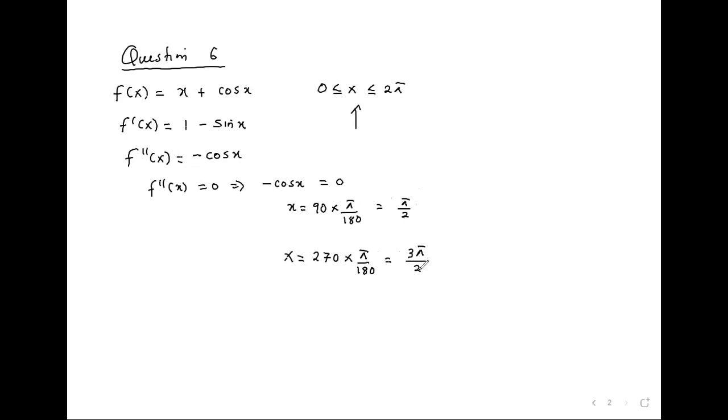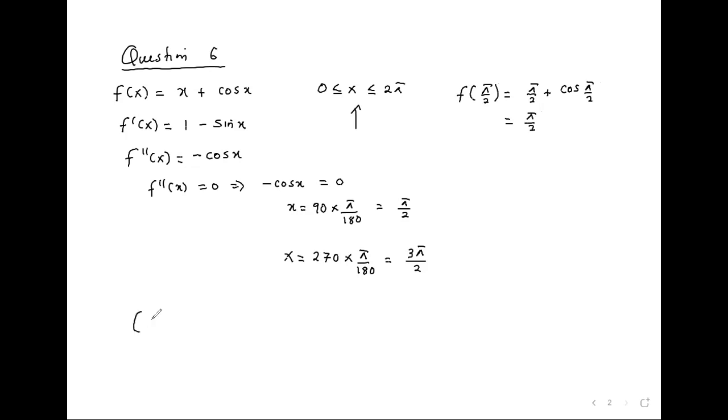Now these are the values of x. But for the full inflection points, a point is x comma y. So you get your x and you go to f of x. So for x equal to pi over 2, we'll have pi over 2 plus cos pi over 2. Now I said cos 90 is 0, so we just get pi over 2.